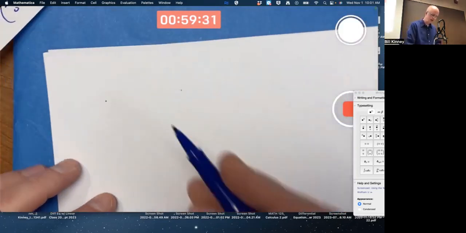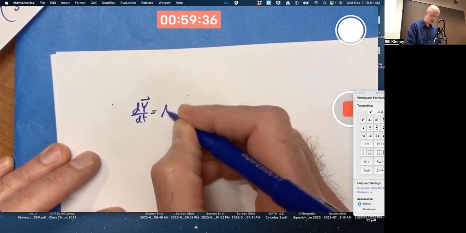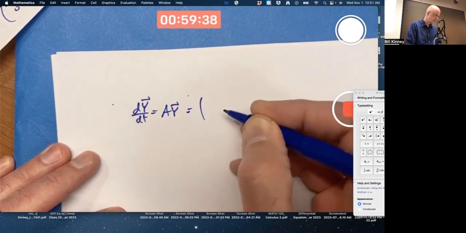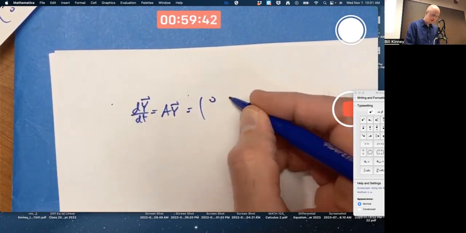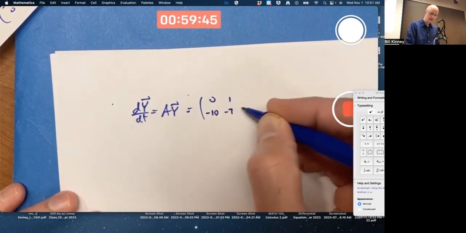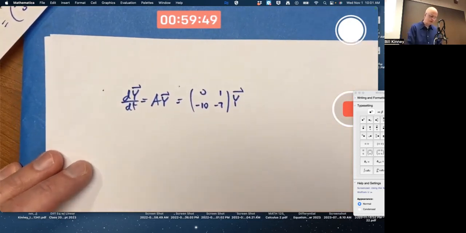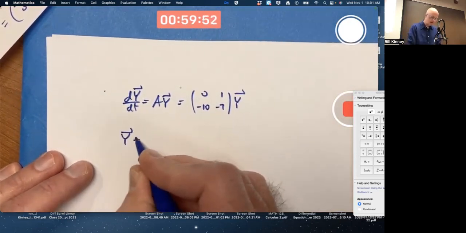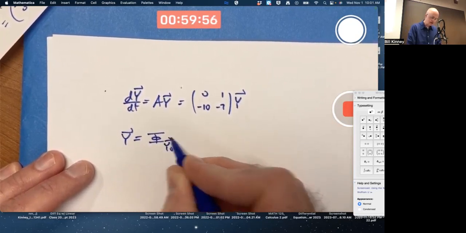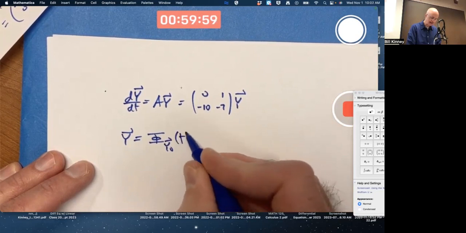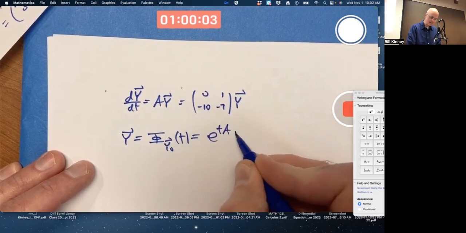So if we're thinking about dy dt equals Ay, where the matrix A is the one from the first example, you could write the solution, say with a capital Phi sub y naught for a generic initial condition y naught, as this beautiful generalization, e to the tA times y naught.